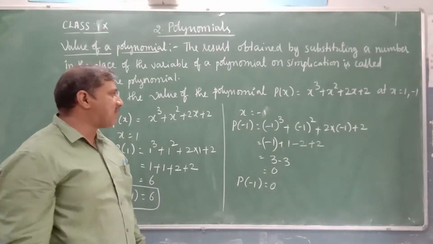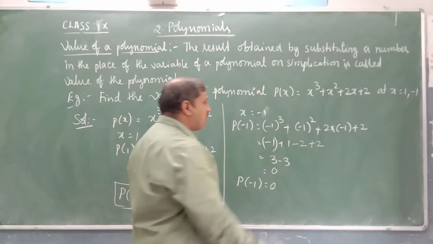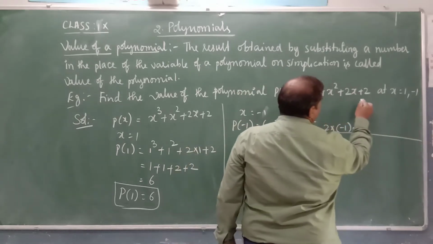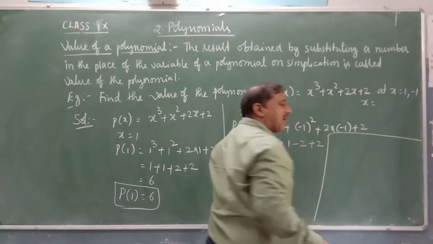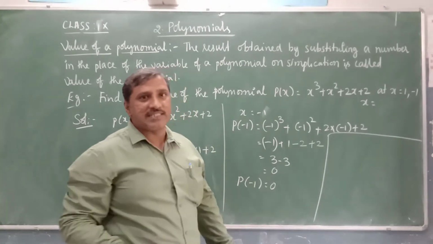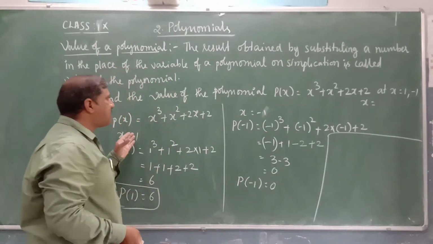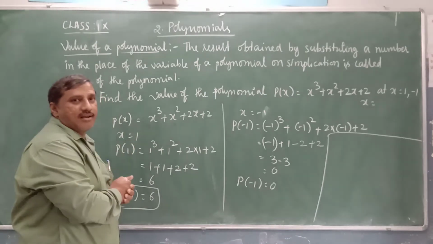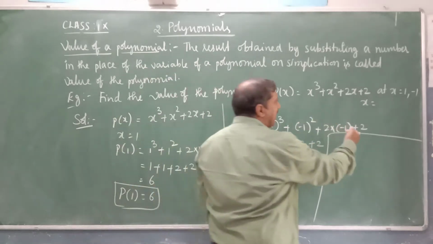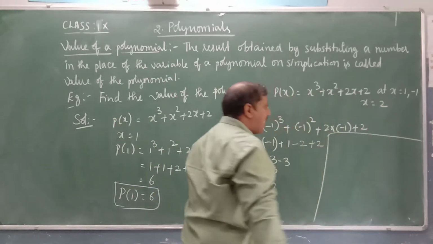Similarly, we can also find more values when x is equal to 2 or minus 2 or 3 or minus 3. Like this, any value is given, and by substituting it we will find the value of that polynomial by simplification. Yes, you can take x is equal to 2 and then simplify.